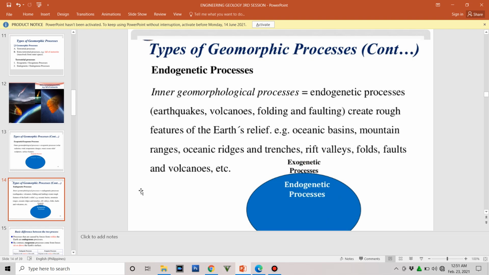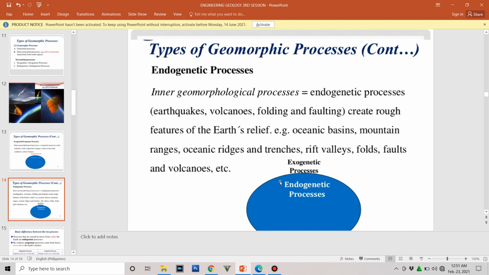These create rough features of Earth's relief like oceanic basins, mountain ranges, oceanic ridges and trenches, rift valleys, faults, and volcanoes. Practically, if we can see here in the figure, when we say endogenetic, it is inside. So it is an inner process. Why is it inner? Because the process involves inner phenomena.